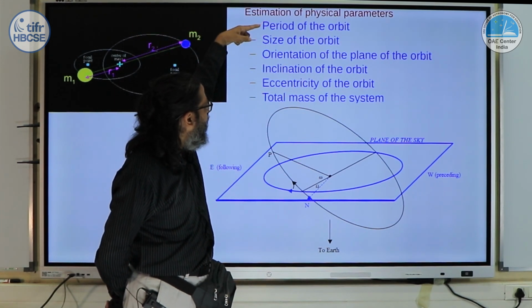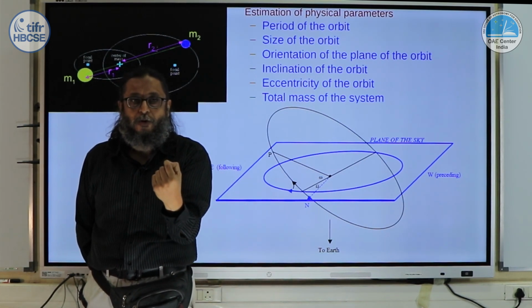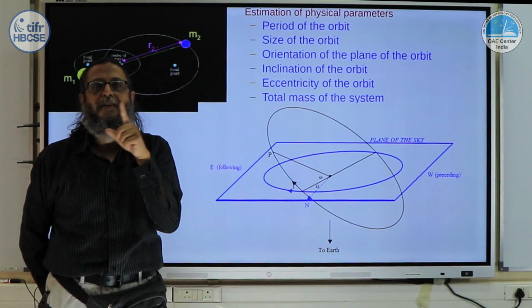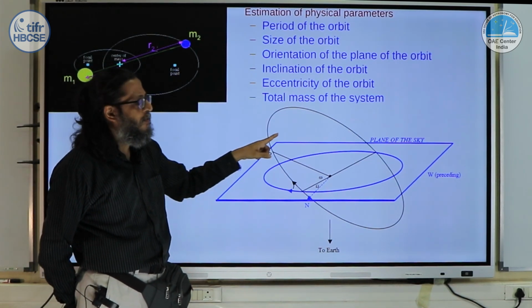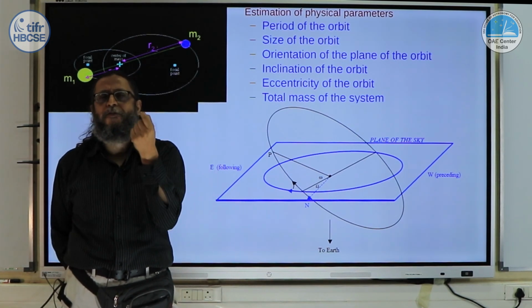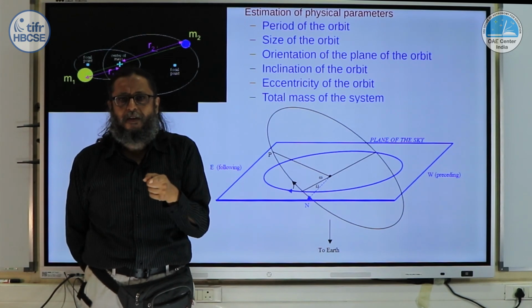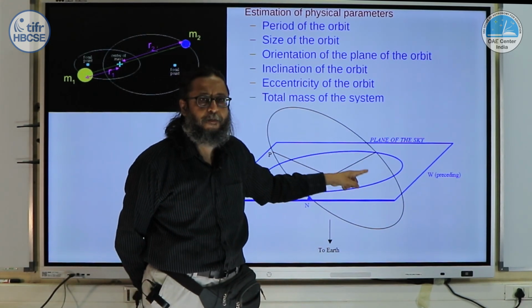And then by measuring the inclination angle, you have to come to the conclusion whether the orbit is actually elliptical or nearly circular. Most of the time, their orbits are not circular because a circular orbit is a very, very special case of an ellipse. Most of the time, it is deviating from the circle, and hence we have to obtain the parameters of the ellipse.